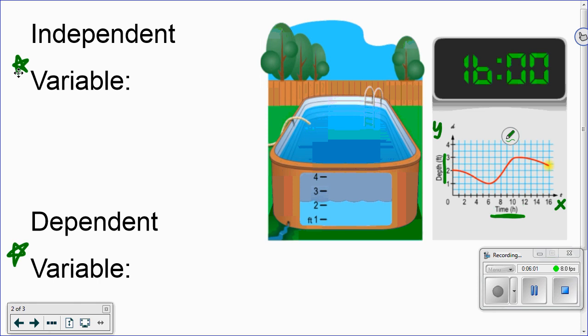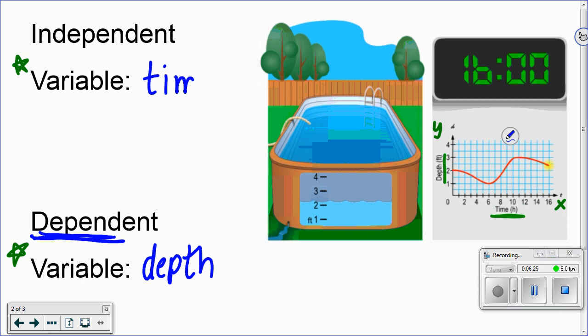Well, I would say what makes more sense is that the depth of the pool depends on the time. So depth would be our dependent variable, because our depth depends on the time. So if depth is our dependent variable, then our independent variable must be time.